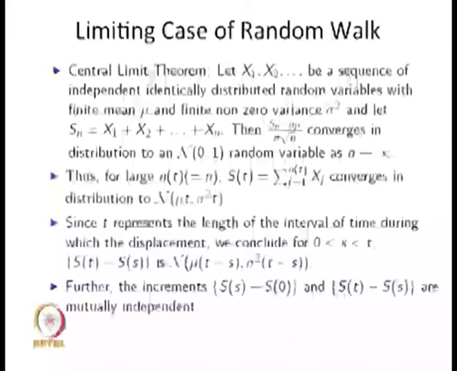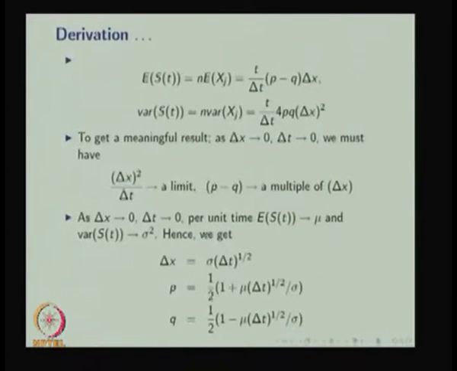Whereas here we have used the central limit theorem, the random variable minus its mean divided by the standard deviation converges to the standard normal. But here we are saying S of t converges to a normally distributed random variable with mean mu times t and variance sigma square t. That is different from this mu and sigma square, where mu is discussed here and sigma is discussed here.